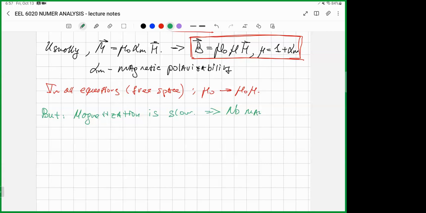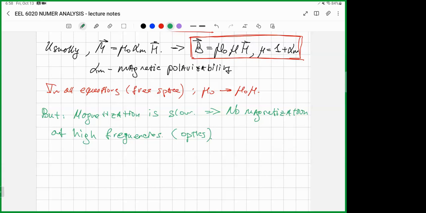No magnetization at high frequencies, for example, in optics. So it's a known fact that in optics, materials don't demonstrate any magnetic effects, no magnetism in optics.